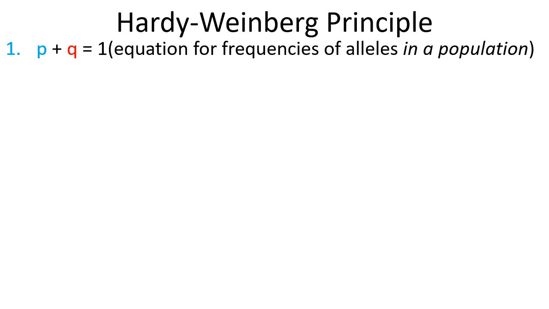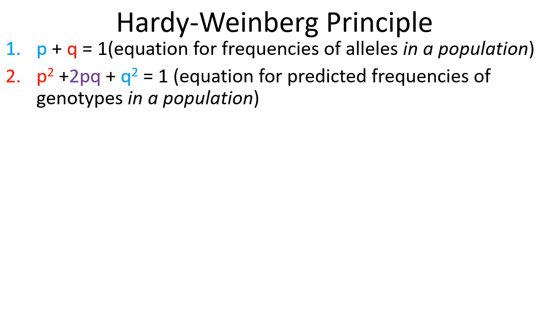All right, so the Hardy-Weinberg principle. First, we are going to look at a mathematical representation of essentially evolution in a population. And so our first equation is p + q = 1. The p and the q are frequencies of alleles in a population. And in this instance, we're looking at two alleles for the same gene.